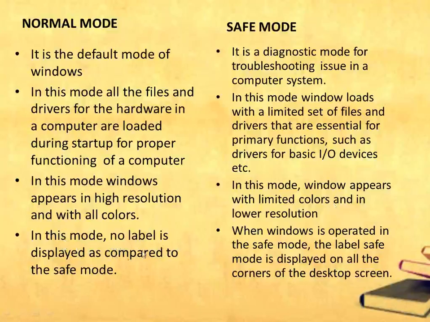In normal mode, no label is displayed as compared to safe mode. When you switch on your system and it starts normally and properly, we do not get any labels around the screen. But when you run your system in safe mode, the label "Safe Mode" is displayed on all the corners of the desktop screen: top, bottom, left and right.